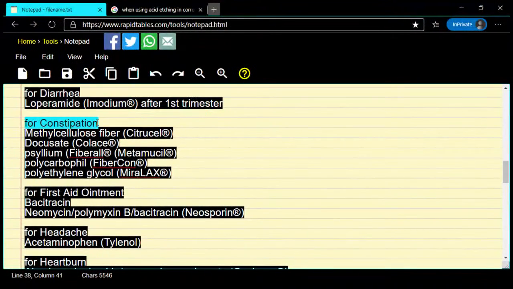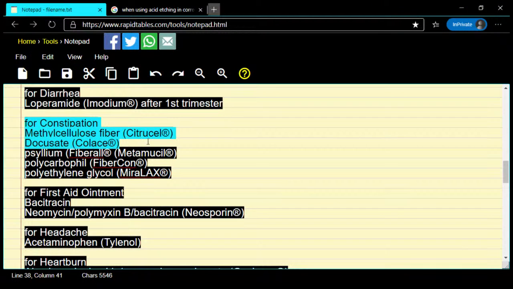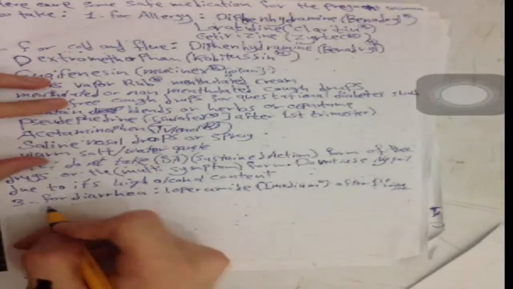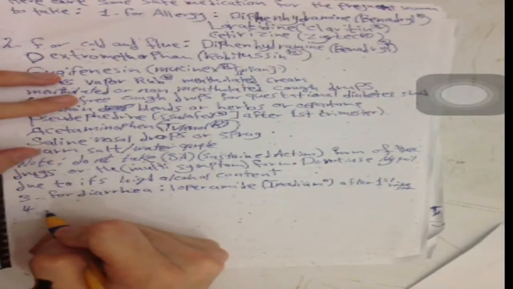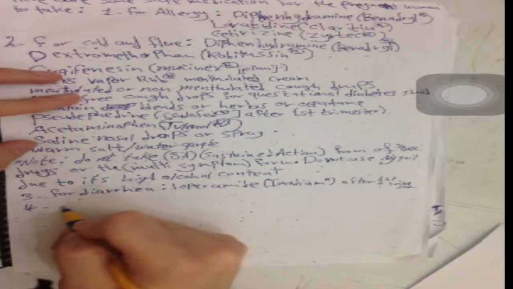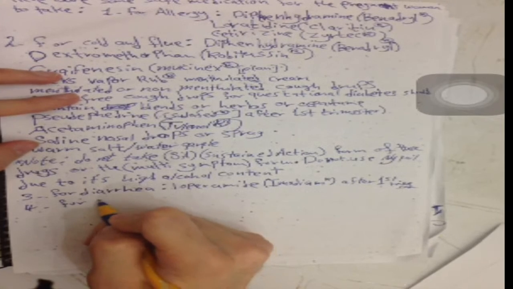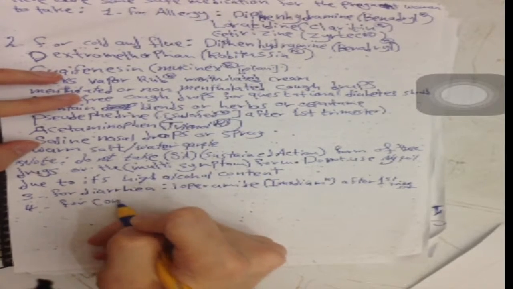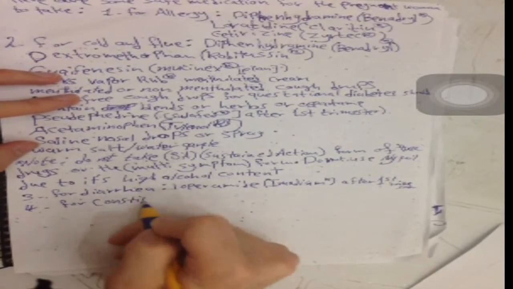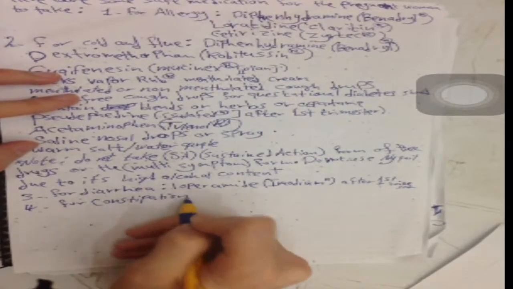is the drug used for constipation. We will mention only one drug, the first one, because there are many drugs used for constipation that are safe for pregnant women. This is for constipation.